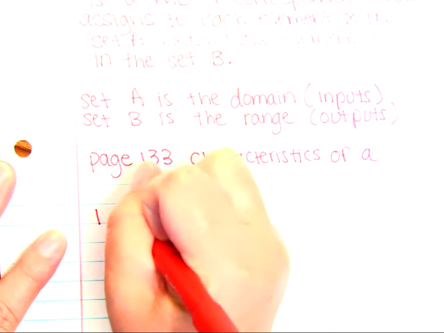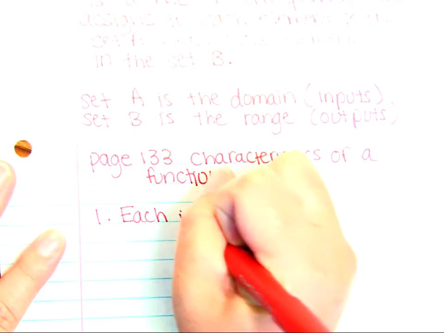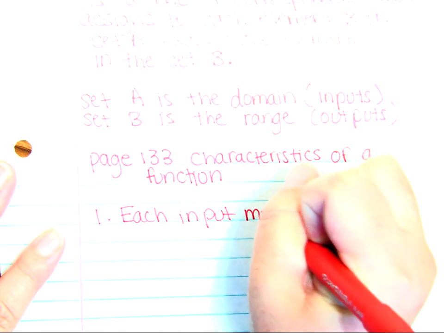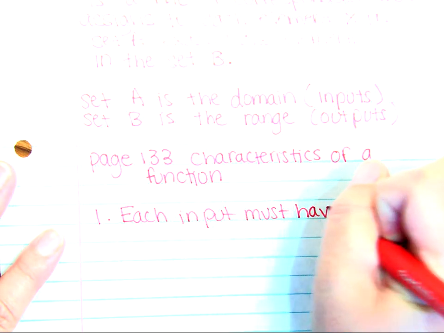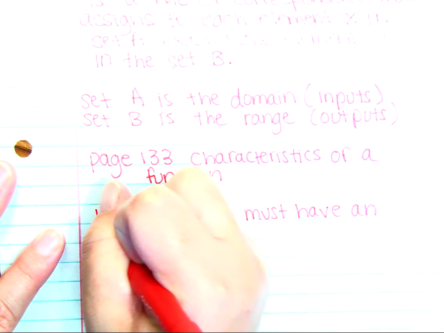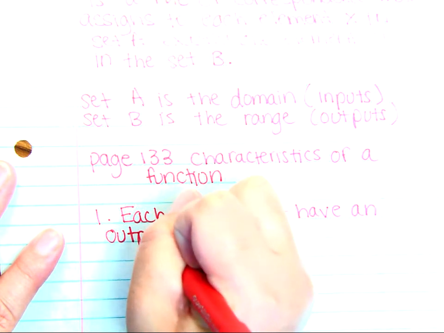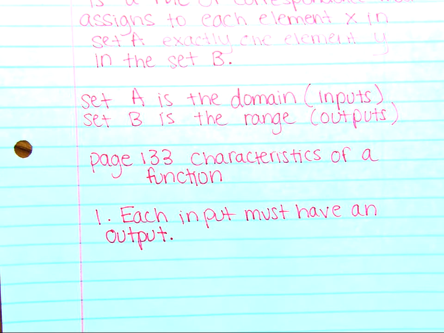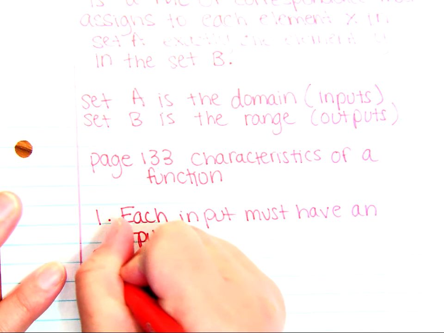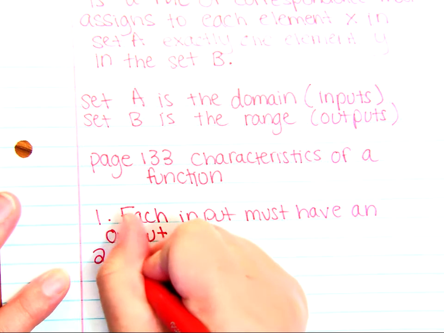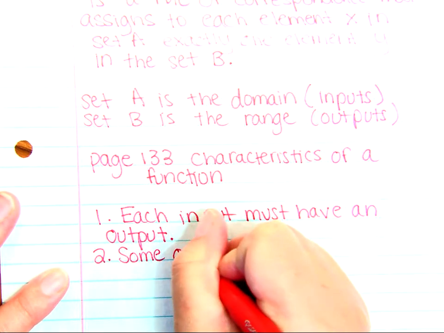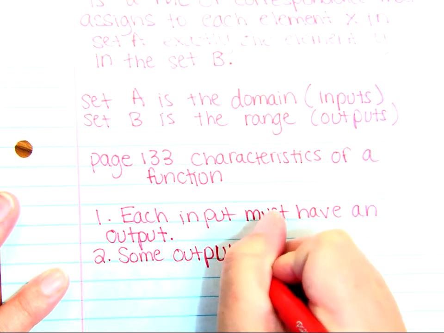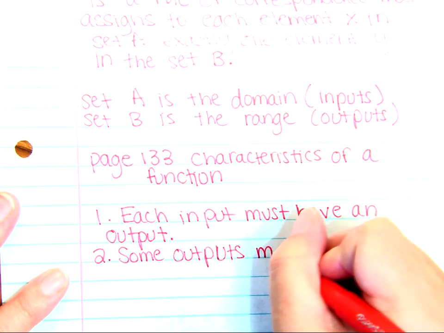Each input must have an output. Okay, so if it's in set A, then it has to have an output. Some outputs may not be matched with an input.